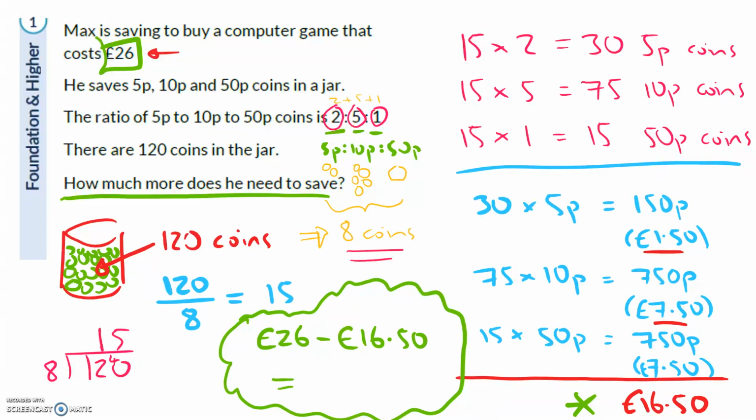If I do 26 take away 16, that's nice and easy, that's £10. But I've got to take away another 50p as well. So I make that £9.50. Okay, if you got £9.50, fantastic. If you're Max, bad luck mate, you got to put some more coins in the jar.